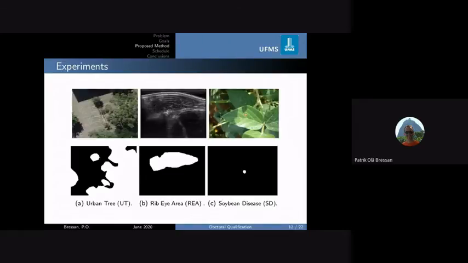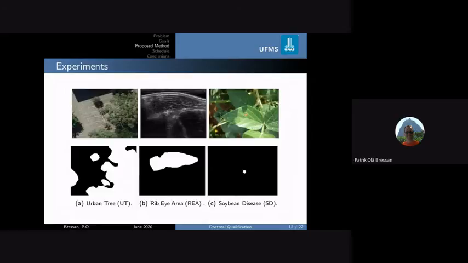Here we have some examples for the original images of the datasets and their respective ground truths. Here, ultrasound image of the cow, trying to determine the expected size of this piece of meat.